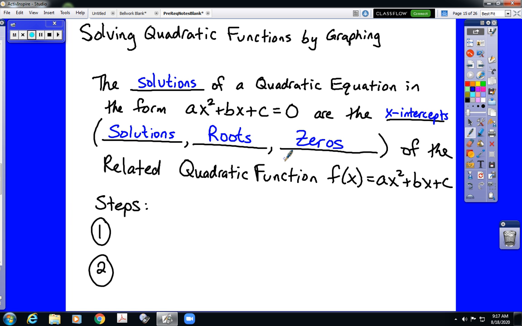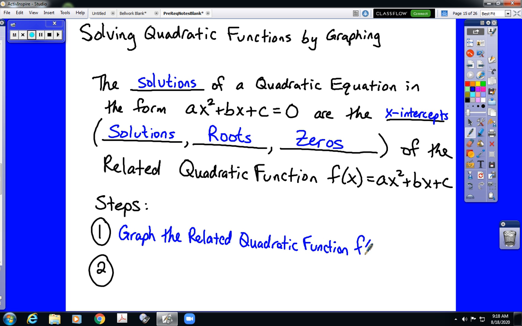So essentially this is going to turn into a 2-step process overall, one step of which is going to require more work from us than normal, and that is that we are going to graph the related quadratic function, again in the form f of x equals ax squared plus bx plus c. And then we are going to state the x-intercepts.